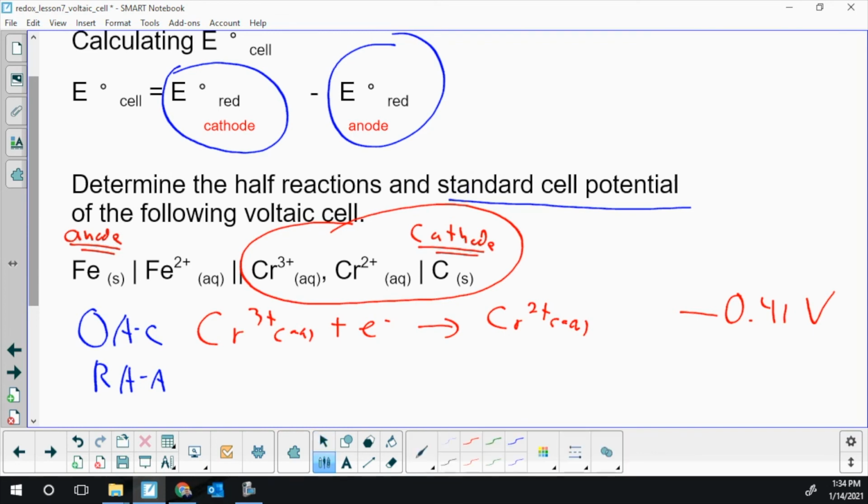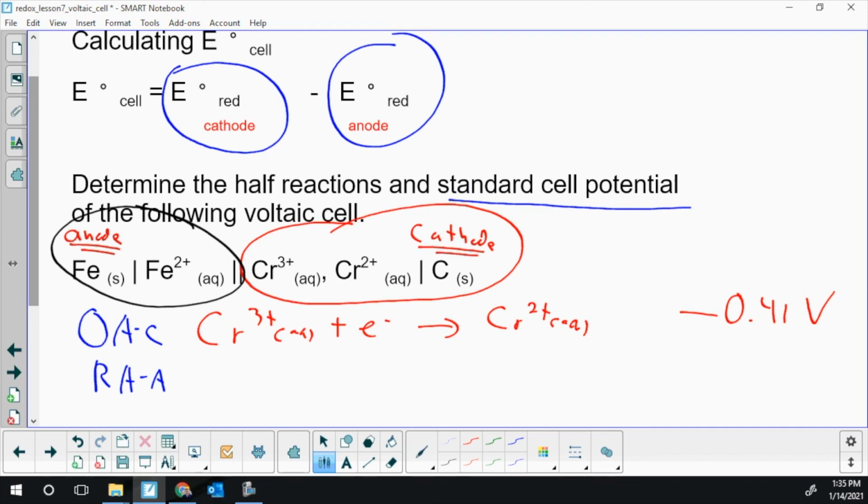Switch now to my anode. That's got to come first in cell notation. So I'm looking for either iron metal or iron 2+. And I'm very biased. I know neutral metals are always reducing agents. I probably know what it is right away. That half reaction better be lower down, and it's the one right below it. Now the reducing agent is always in the second column.